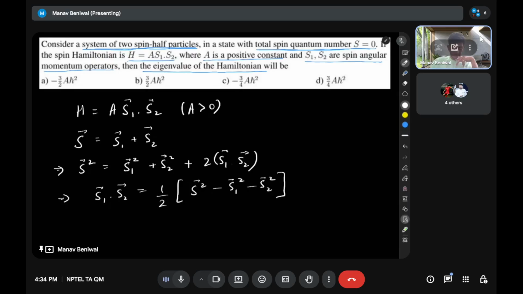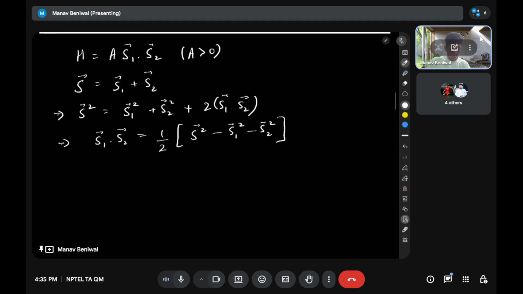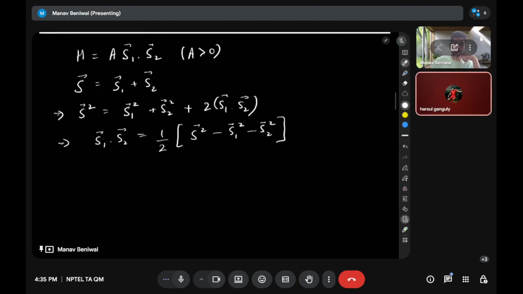So what are we able to do? We are able to write the value of S1 dot S2 in terms of S squared, S1 squared, and S2 squared. Now, Sir, is S1 S2 equal to S2 S1?